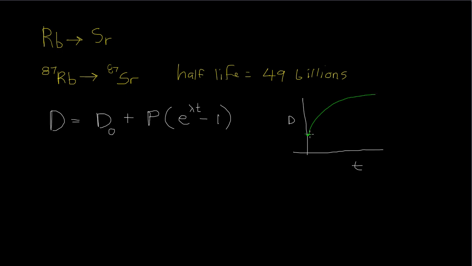So this value here would be the initial concentration of the daughter, and then with time the concentration of the daughter increases as shown by the green line.